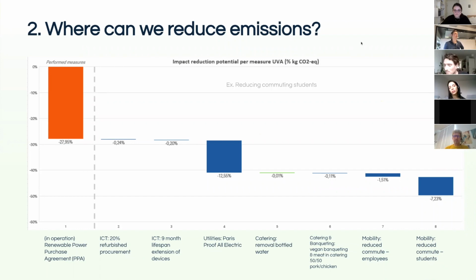And then to the bigger one, which goes into the mobility part, and that has actually become really interesting, because before we started this journey together with them, they said mobility is something we cannot change. People have to come to the building to have a lecture, and this is something we don't really want to look at, but we did anyway. And this is actually the potential of reducing the amount of contact hours by 1 day a week.